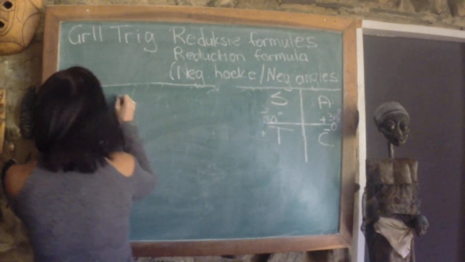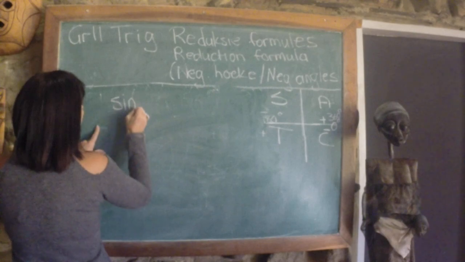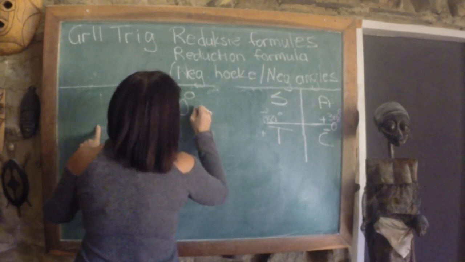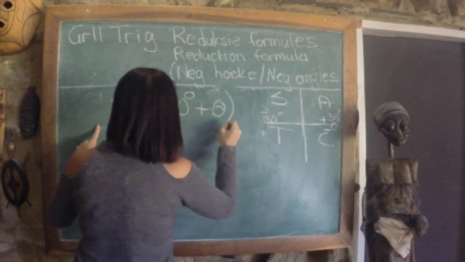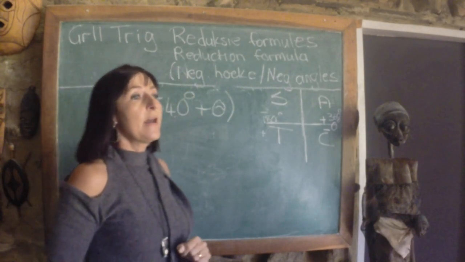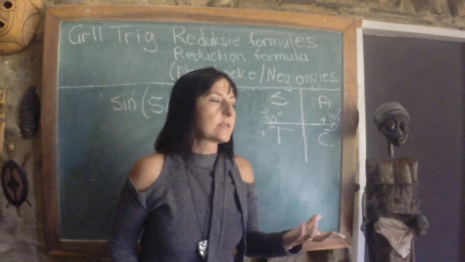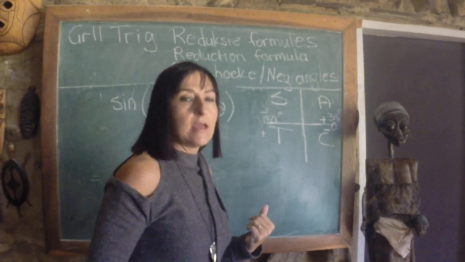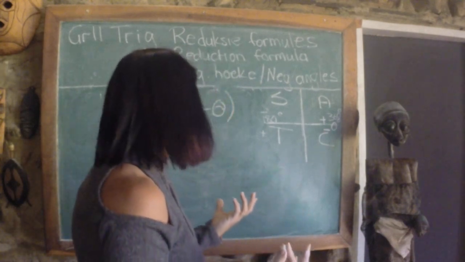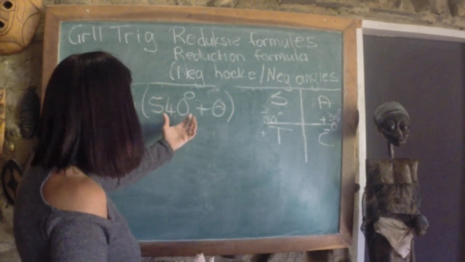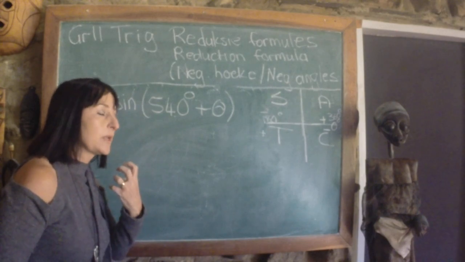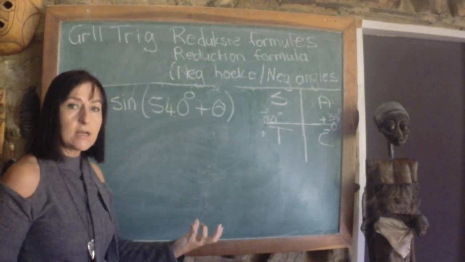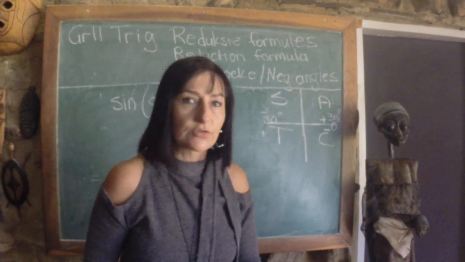Let's do the sinus of 540 plus theta. So, if I add periods, it's not going to change the value of the expression. In dieselfde mond gesê kan ek ook siklusse uithaal. Met ander woorde, ek kan bytel soveel soos wat ek wil sonder dat dit verander, of ek kan aftrek soveel soos wat ek wil.